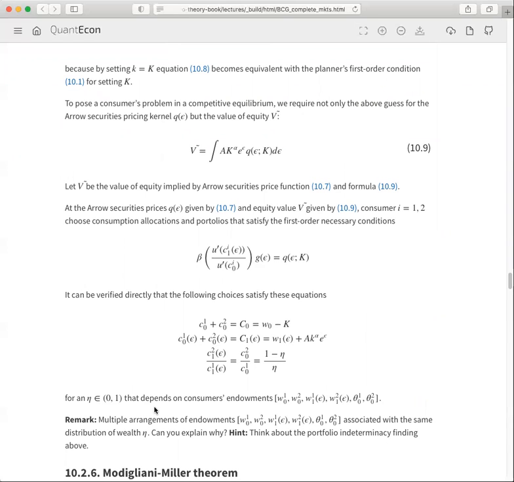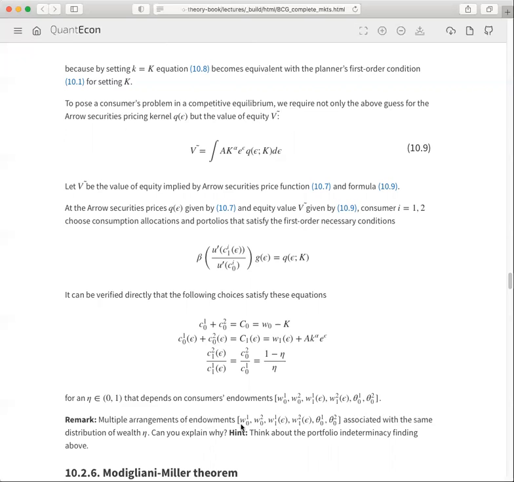I'm just going to close with a remark that I want you to focus on. There are multiple arrangements of endowments. See, the endowments, first period and second period endowments in different states, and the allocation of the initial ownership of the firms can be arranged in many ways associated with the same distribution of wealth.